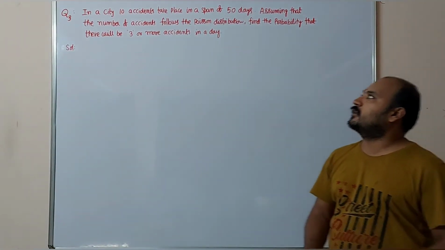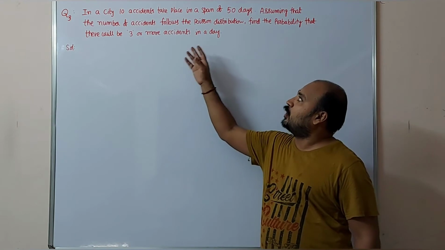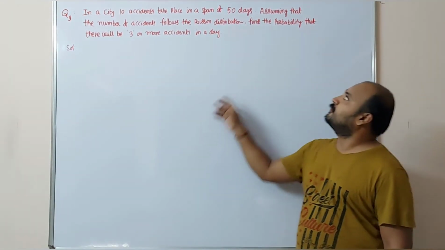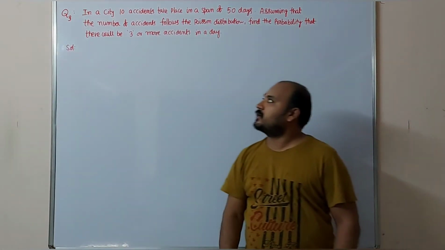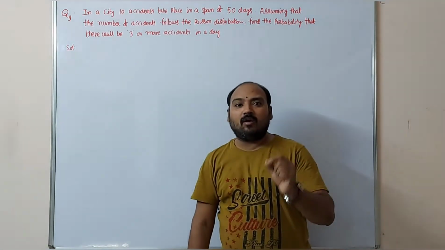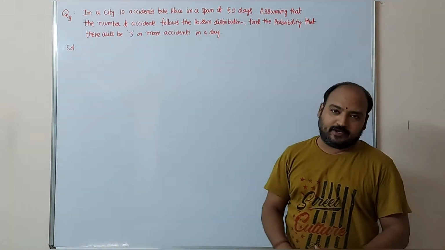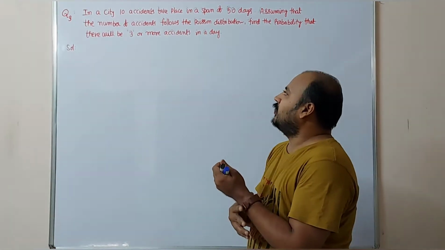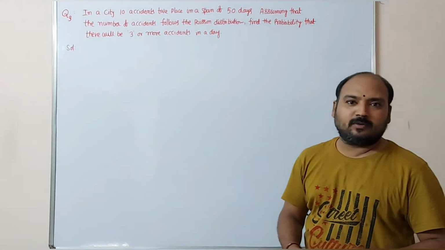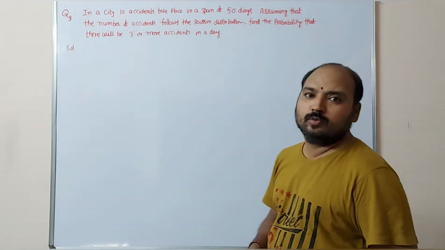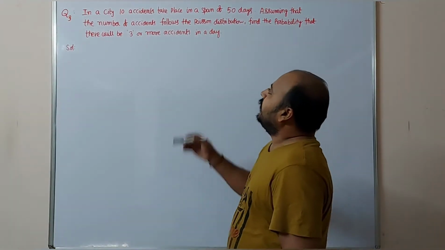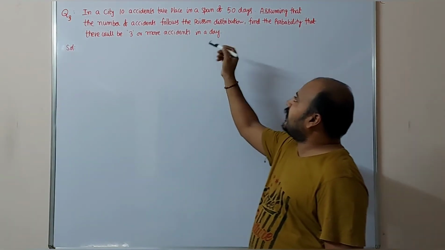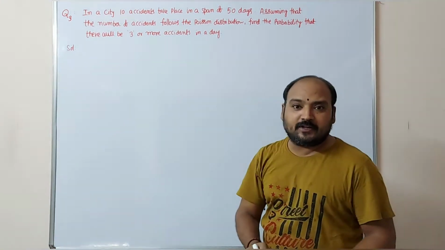Assuming that the number of accidents follows the Poisson distribution, find the probability that there will be 3 or more accidents in a day. So very simple question. Number of times they asked in the public examination in AP and TS for 2 marks. In a city, 10 accidents take place in a span of 50 days.